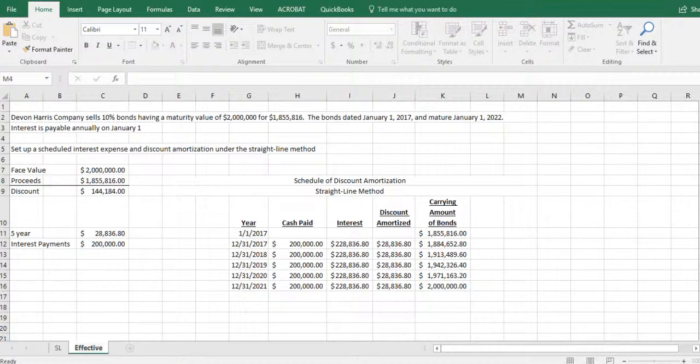You can also use a financial calculator to calculate this, but it gives us an effective interest or yield rate of 12%. So we're just going to put coupon rate, the coupon rate's 10%. Then we have the effective rate is 12%.